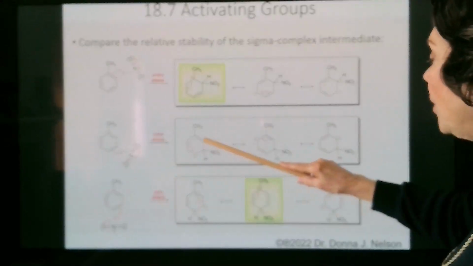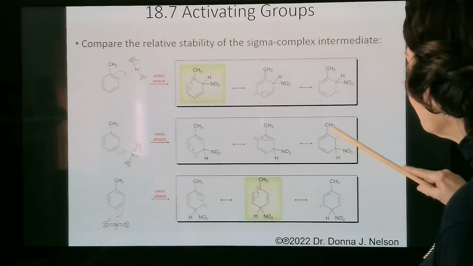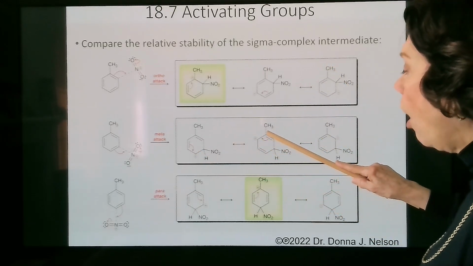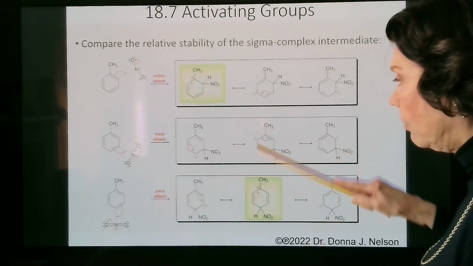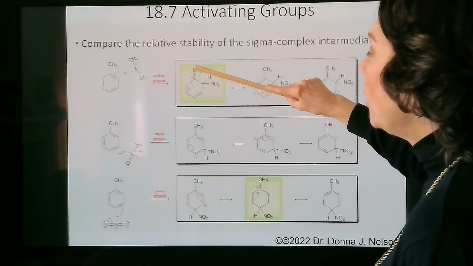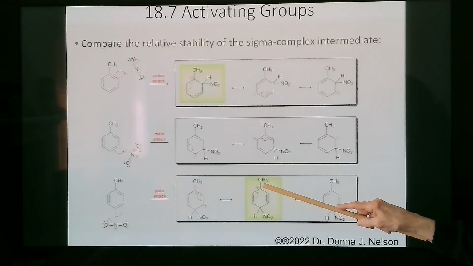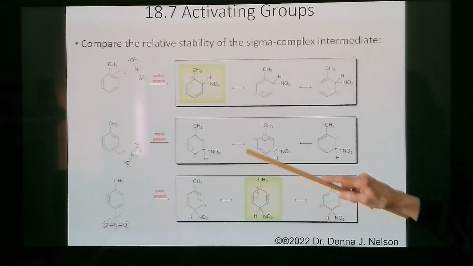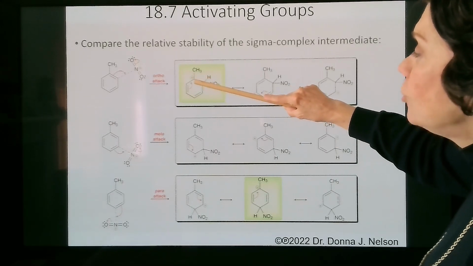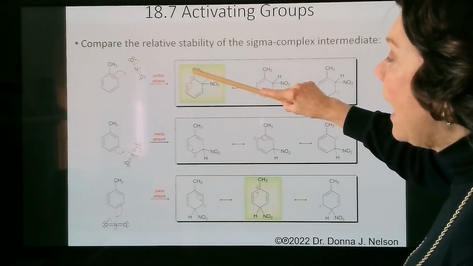Now at the meta attack resonance structures, the positive charge is moved around the ring, but it is impossible to put the positive charge on the carbon bearing methyl. So what is significant about putting the positive charge at the carbon-bearing methyl? Well, alkyl groups are electron donating. And so here you have the positive charge directly on the carbon that is attached to the alkyl group.